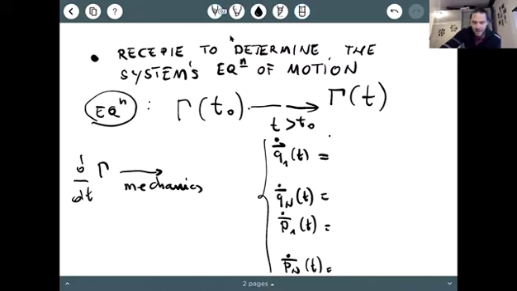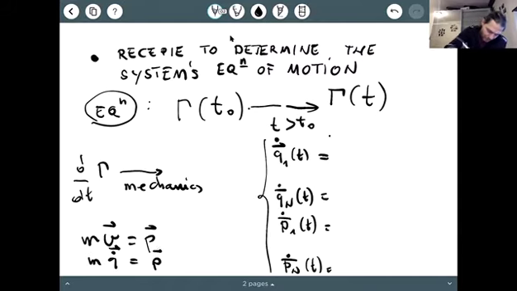For instance, we know that the momenta are actually velocities defined by masses. So the left-hand side here is the velocity of the first, second, third particles, because it's the time derivative of position. So these are velocities. Now, velocities are momenta divided by mass, which means m q dot equals p, for each particle.